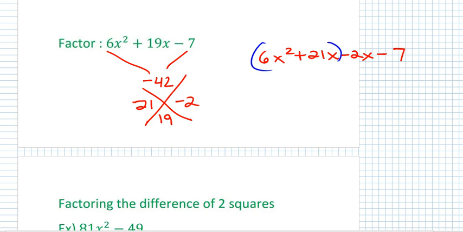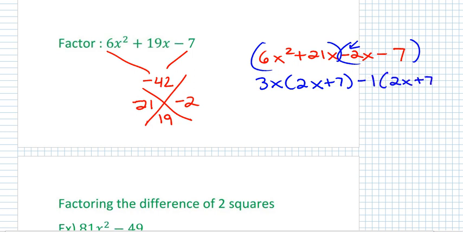Then you group. Common factors here are 3x, so you're left with 2x plus 7. Common factor here, well, there's a negative sign and a 1, so it becomes 2x plus 7. So then the common factor is 2x plus 7 and 3x minus 1.